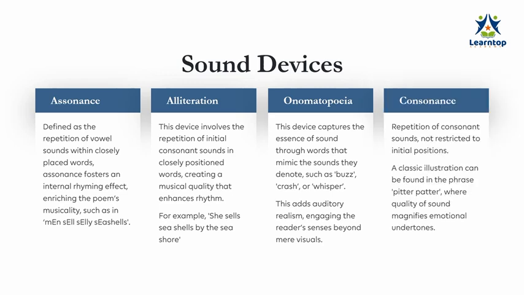The next one is consonance, which is the repetition of consonant sounds. Now here, it does not matter for the positioning of the words. For example, pitter patter. Here, the quality of sound magnifies the emotional undertones used by the poet.